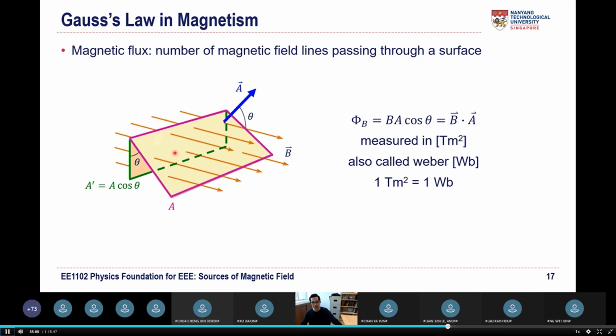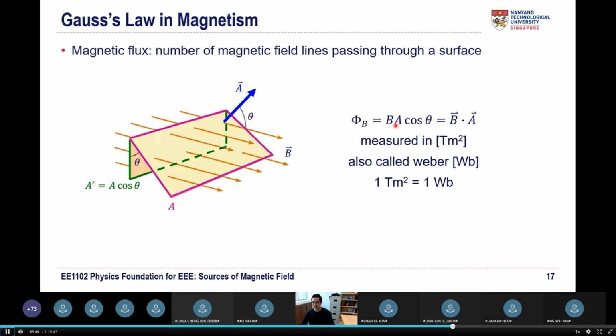And then this cosine theta, of course, tells that it should be at an angle. Theta gives you the angle. So when theta is 0, meaning the field line and the surface area vector are aligned, because the surface area vector is always normal to the surface plane, then you get the maximum flux, and when theta is 90, you get 0 flux.